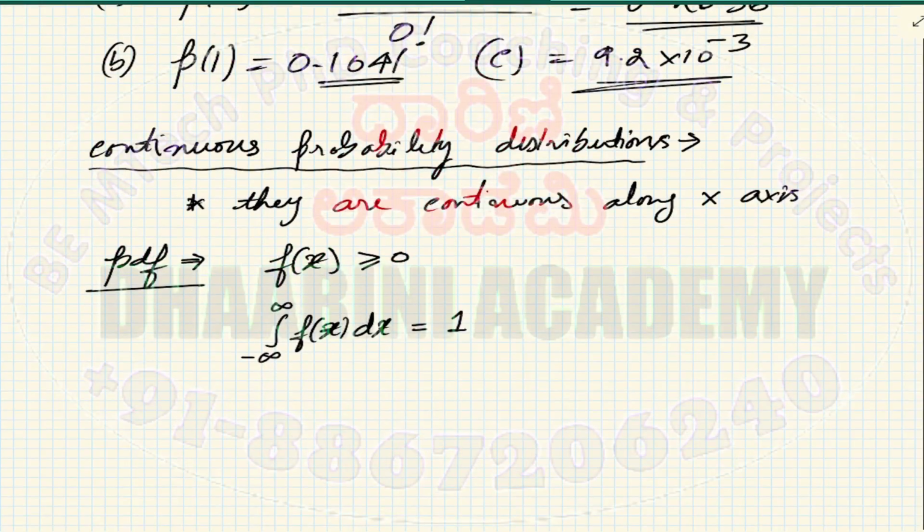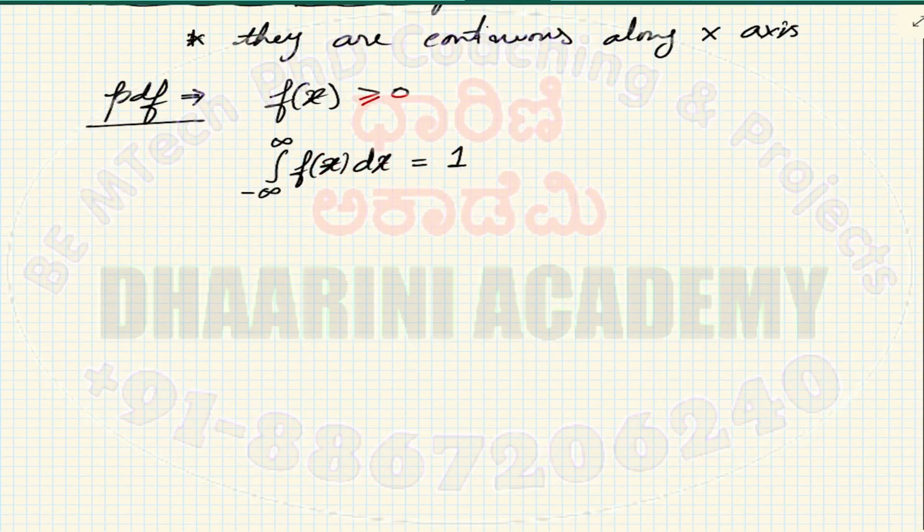Now let's go further. If I want to use this f of x to calculate the probability that x is between a given range, let me denote it in this fashion: the probability that a is less than or equal to x, less than or equal to b.